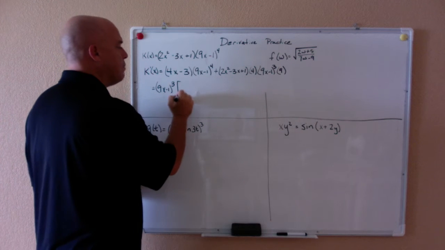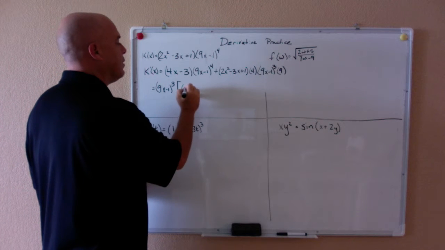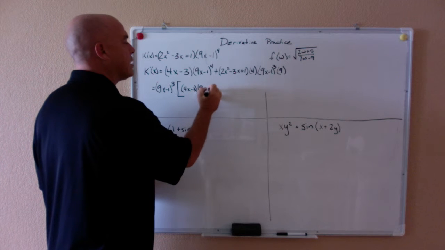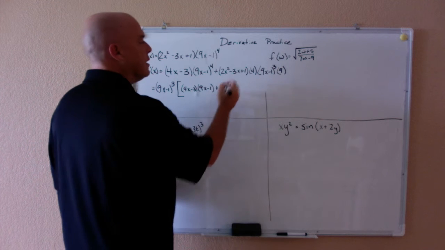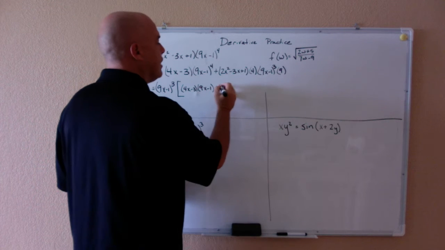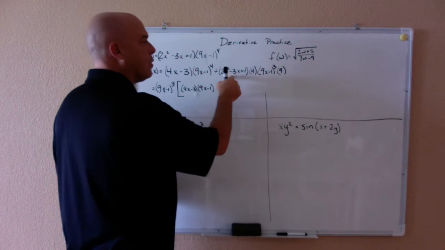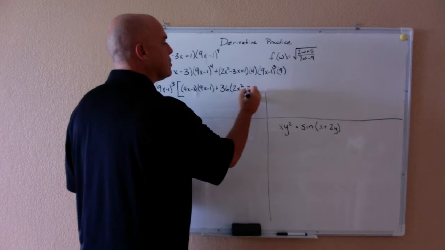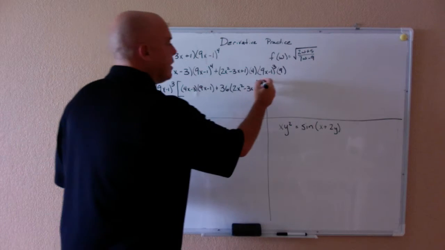And that's going to be multiplied by 4x minus 3 and one more 9x minus 1. Plus, I've got a 4 times 9, so I have 36 times the 2x squared minus 3x plus 1, and there we go.